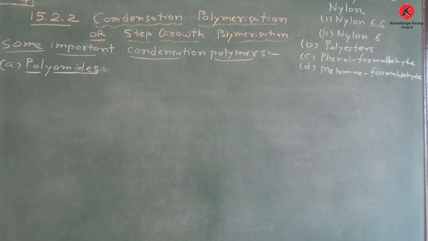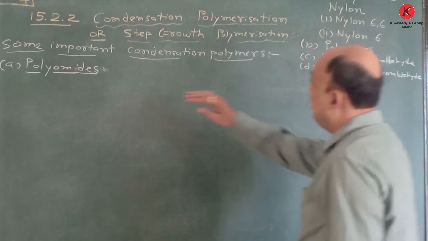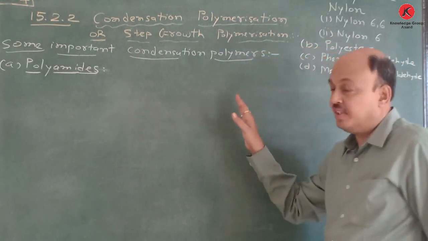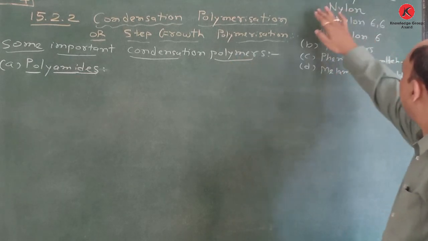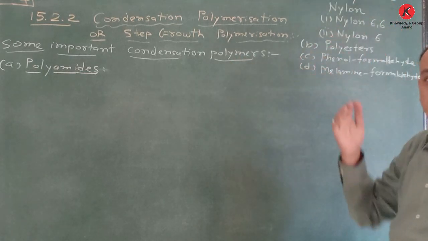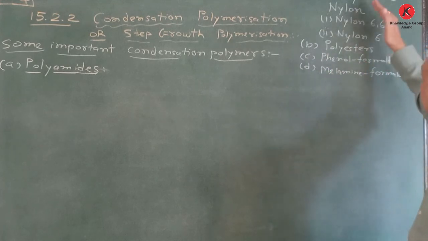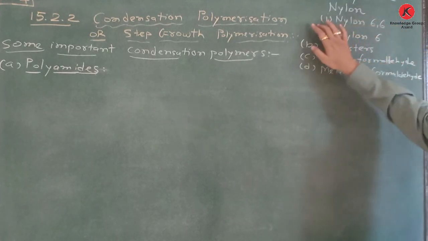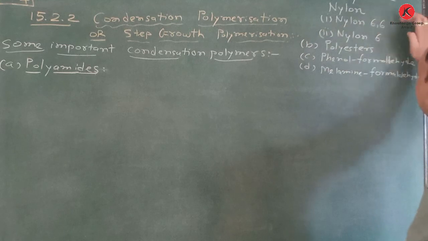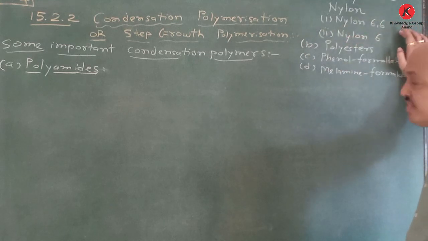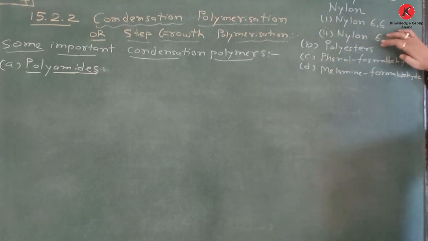Now according to your NCERT textbook, the next topic is some important condensation polymers, just like addition polymers. So first, A is polyamide. In polyamide there are two parts, that is nylon, and nylon is classified as nylon 6,6 and nylon 6. Another, B, is polyesters.